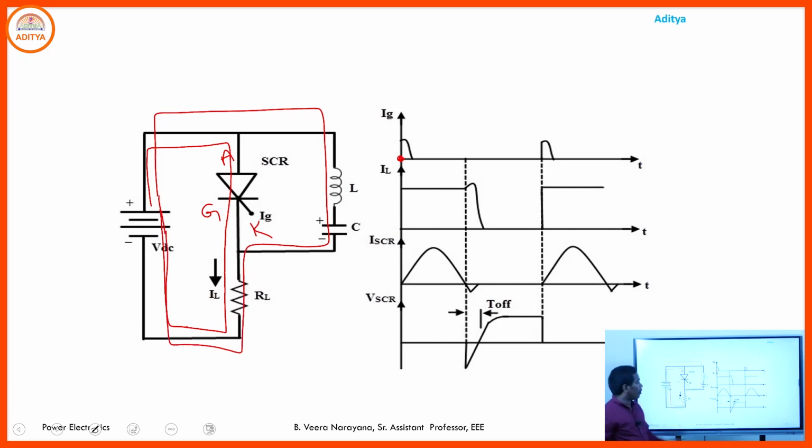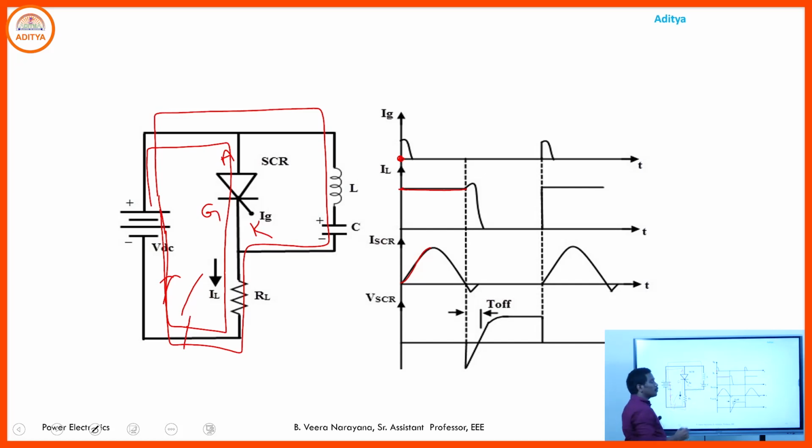So whenever you provide the gate pulse, one current flows through the SCR and the load, and another is the capacitor charging current through the inductor and the capacitor.